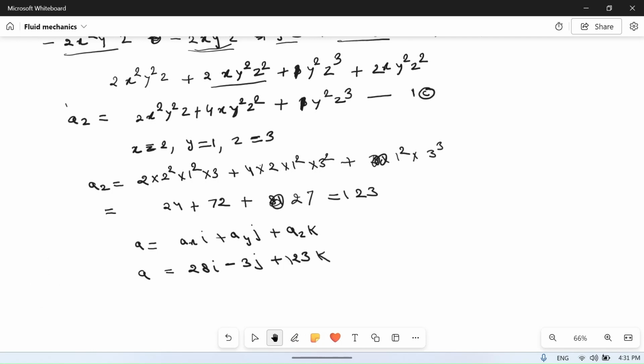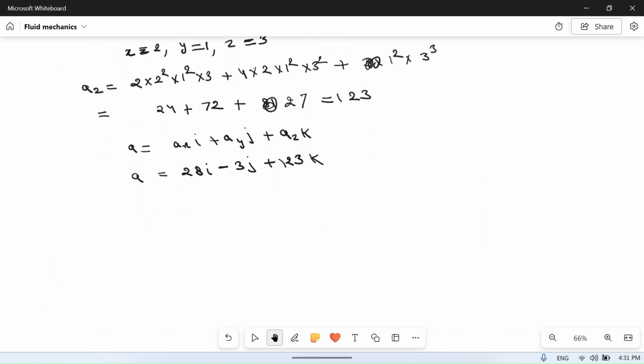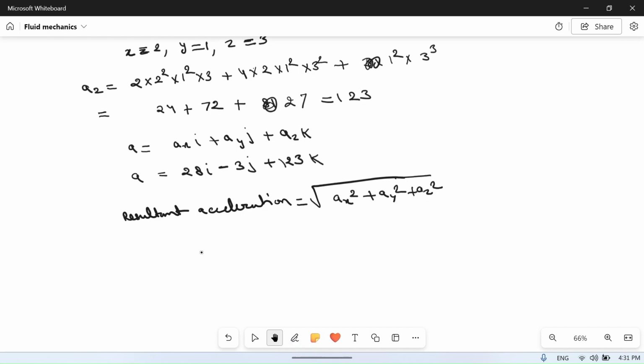And if you try to find the resultant acceleration, then resultant acceleration will become under root ax square plus ay square plus az square. So if we put all the values, then we will get 28 square plus minus 3 square plus 123 square.